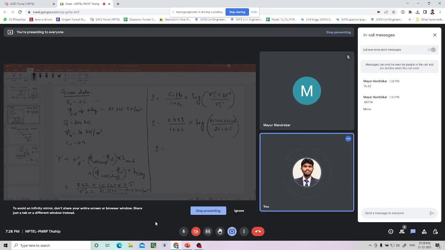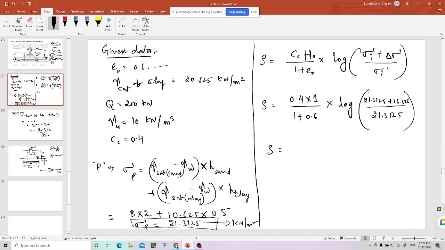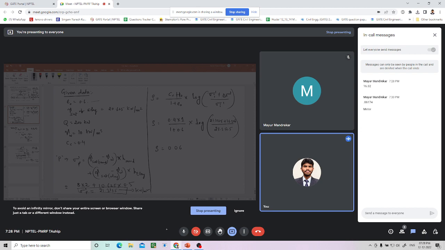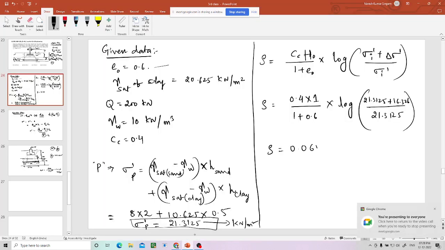0.06174. Can you tell me further digits? Because the answer should be in mm, so you have to get as many decimals as possible. So 0.06174 meters. If you convert it into mm, 61.74 mm.